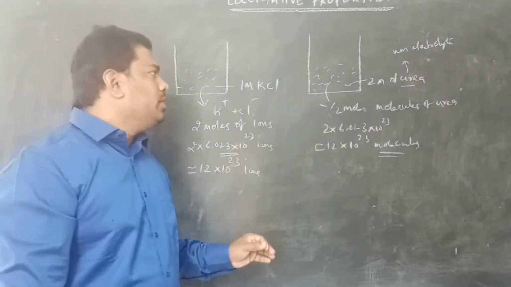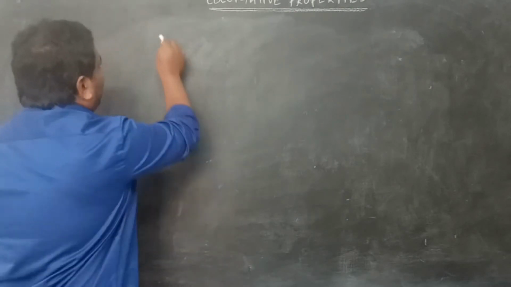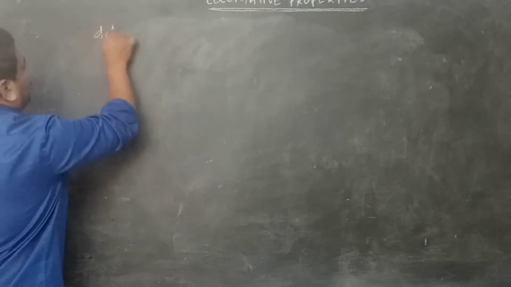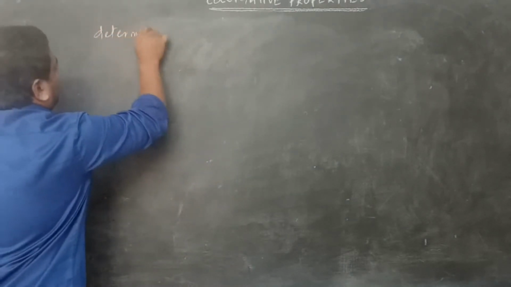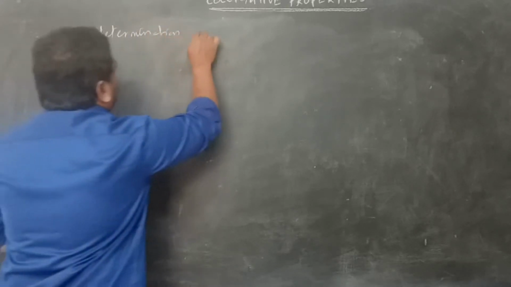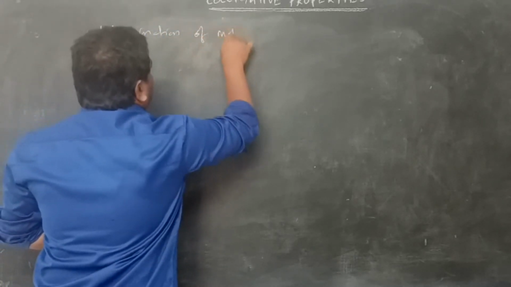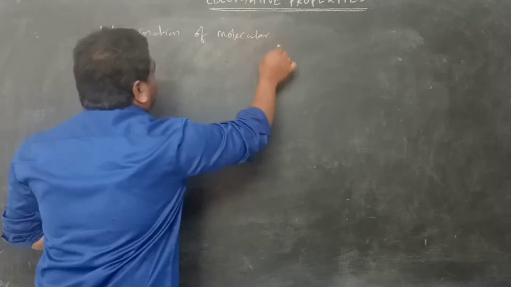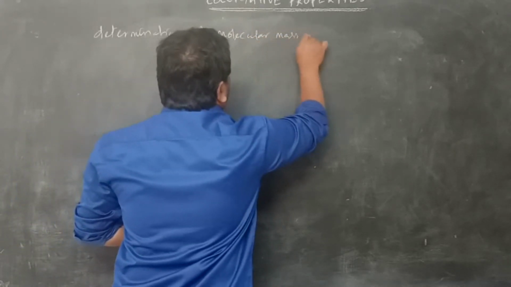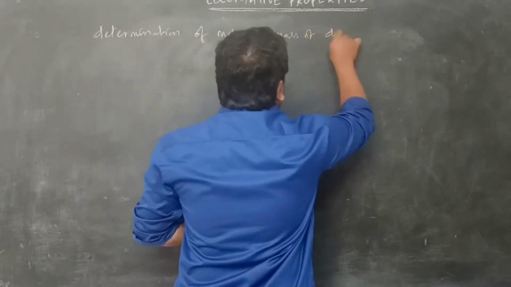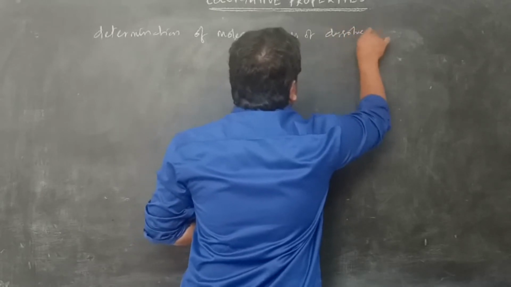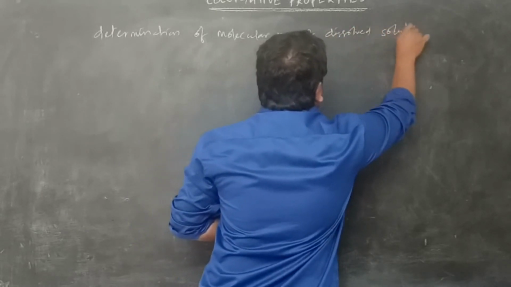Okay, right. Colligative properties are used for the determination of molecular mass of dissolved solutes, that is, non-volatile solutes.